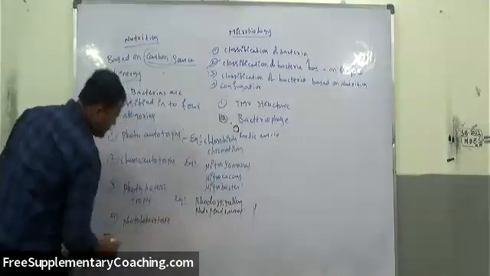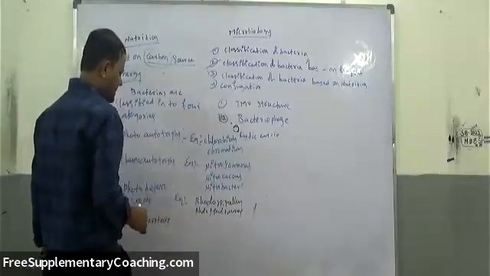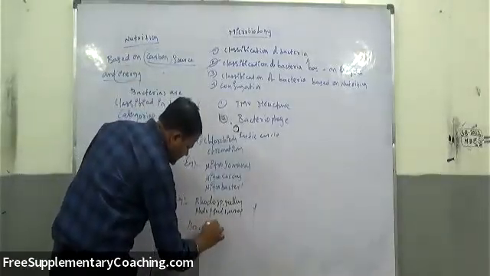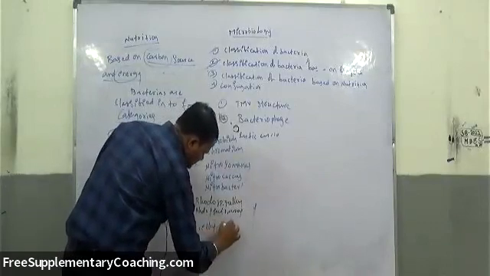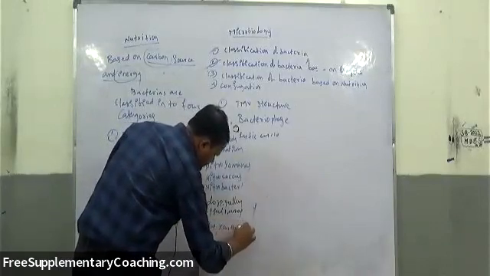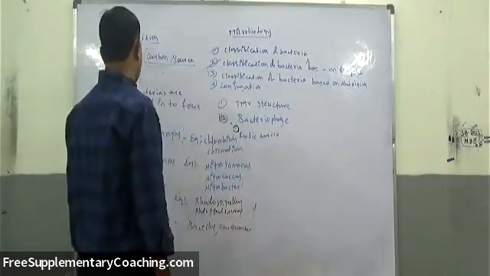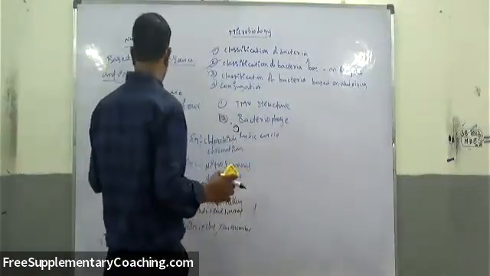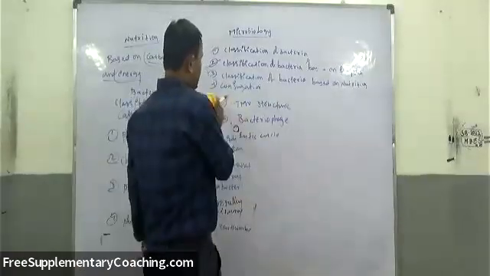Chemoheterotrophs examples: Bacillus and Xanthomonas, etc. Now let me explain from where the carbon source and energy are obtained.